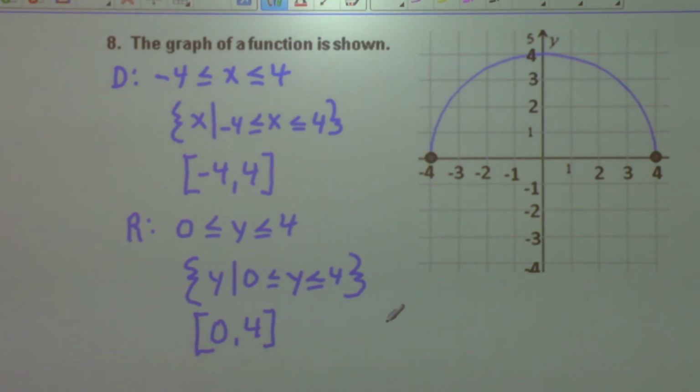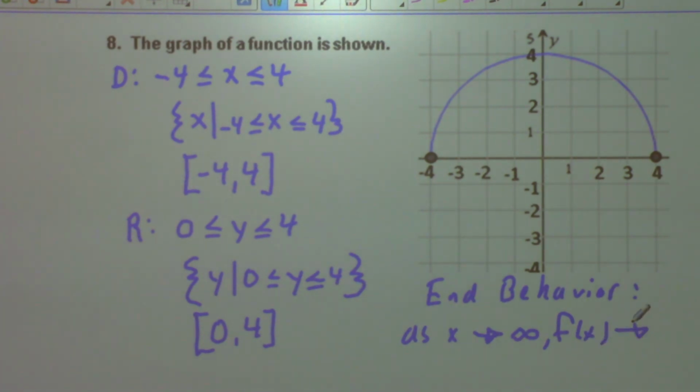And what about our end behavior? End behavior. Okay, as x approaches infinity, f of x approaches what?